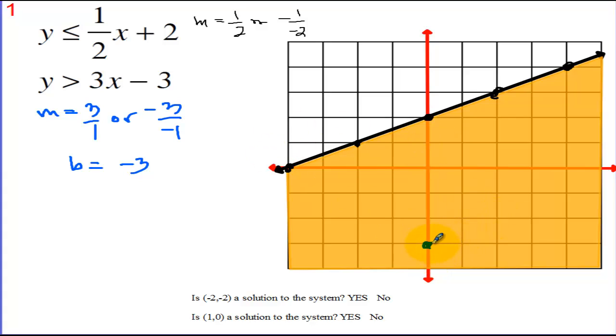Slope is 3 over 1, so go up 3: 1, 2, 3, then 1 to the right. Now, since I don't have a line under, the line I'm going to use here is a dotted line. Next, since I have y greater than, we are going to shade the area above this line.